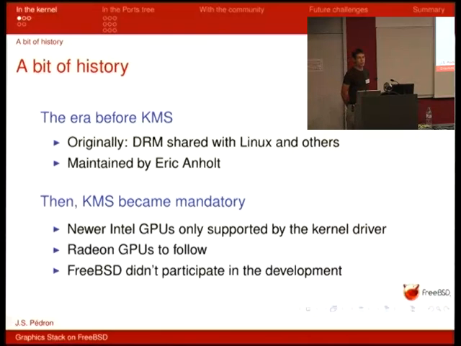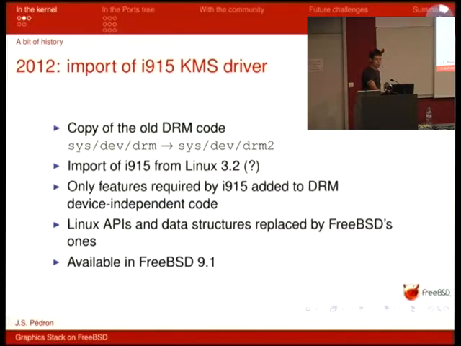Thus, it's only when we had no choice that the FreeBSD Foundation sponsored Konstantin Belousov to port the Intel driver from Linux to FreeBSD, and that was in 2012. Konstantin Belousov was limited in time, so he decided to copy the original DRM code to a separate directory called DRM2. He then imported the Intel driver from Linux. I think it was Linux 3.2 or 3.4.